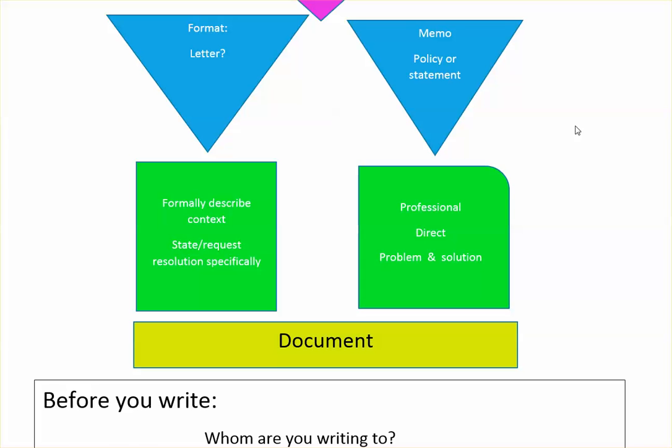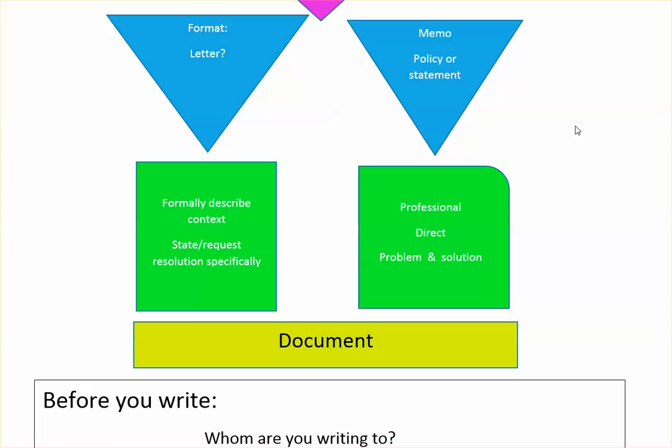That could be stating exactly what the position is that I'm applying for. That might be putting a context to a customer service issue that needs to be resolved. That might be a complaint beyond customer service that has some type of resolution that is needed.